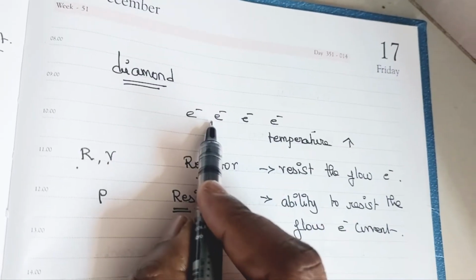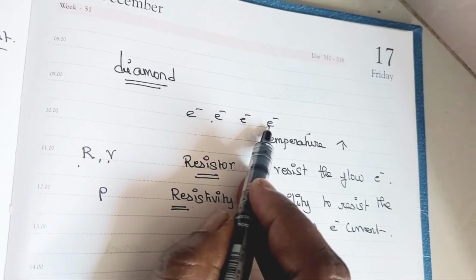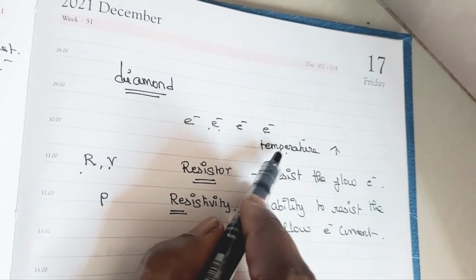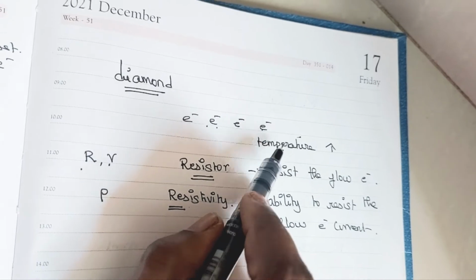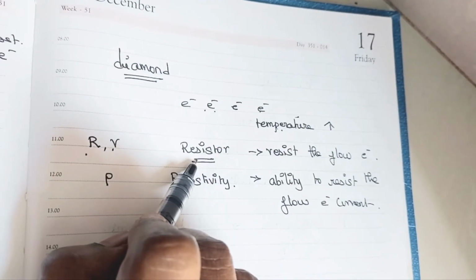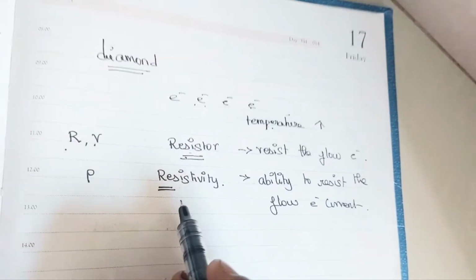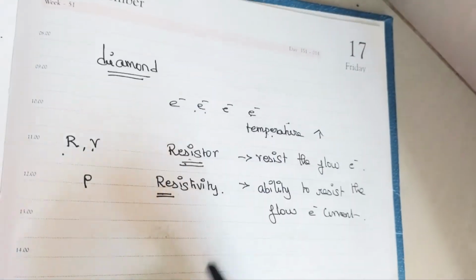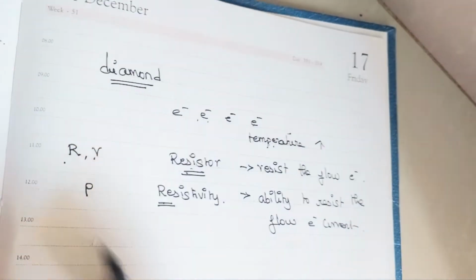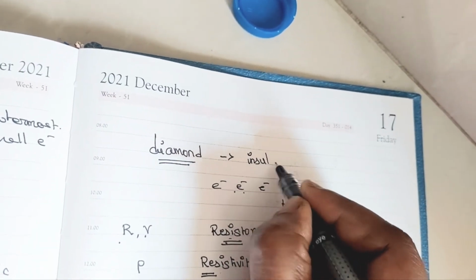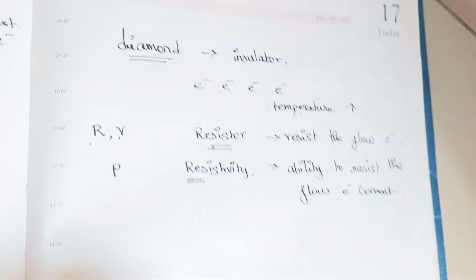So let us consider the conductor. Electrons keep on moving, so current will be increasing, temperature will be increasing. I want to avoid this temperature, so I have to use a resistor. What type of material we use depends upon the resistivity of the material. So I'm telling you the diamond is not a conductor, it is an insulator. Why is it an insulator?